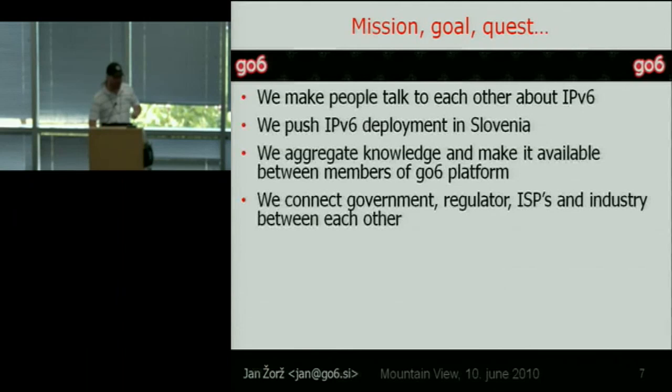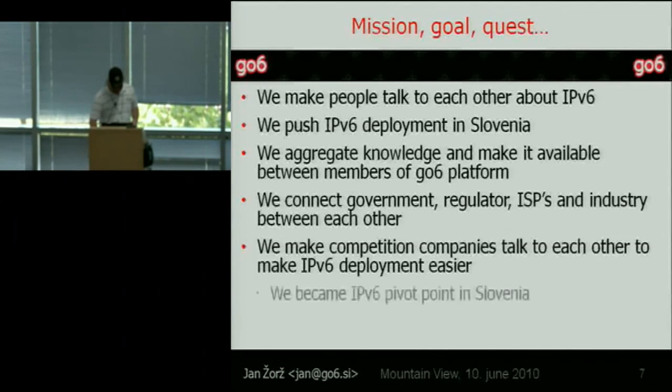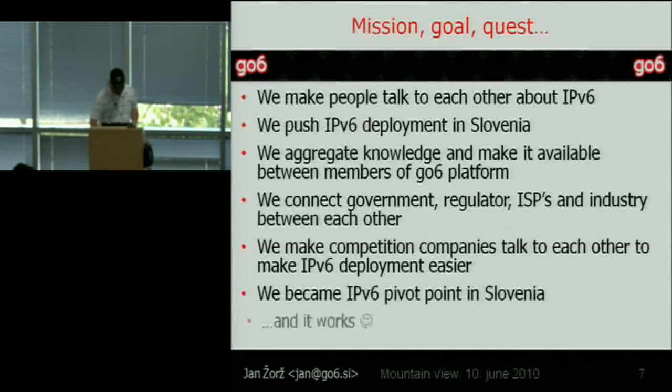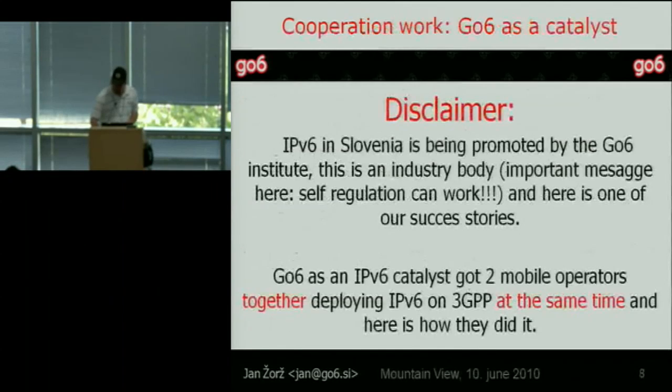And this is the most important one: we connect government, regulator, ISP, and industry with each other. We make competitors talk to each other about V6. And this is the main driver for deployment there. So we became an IPv6 pivot point in Slovenia, and apparently it works.